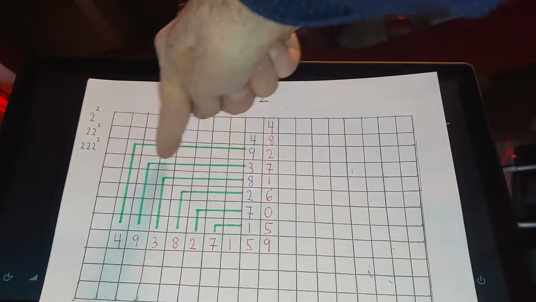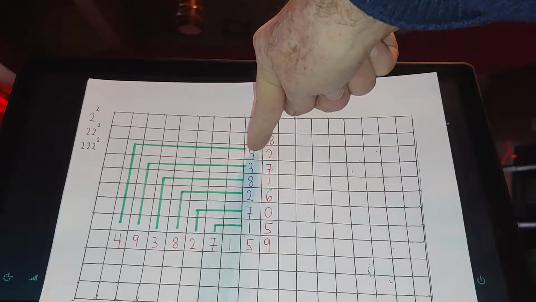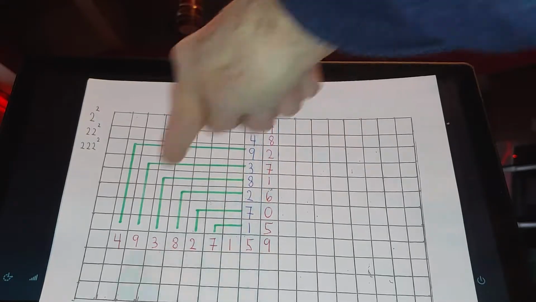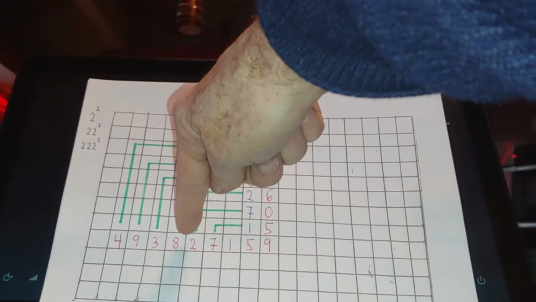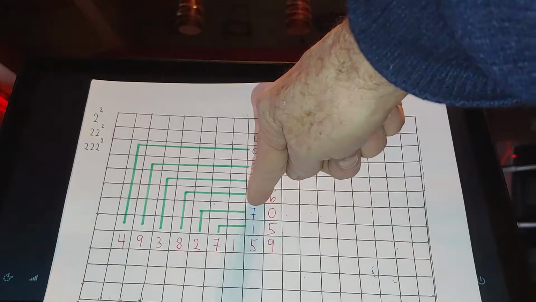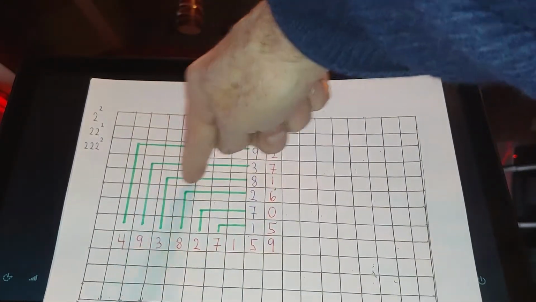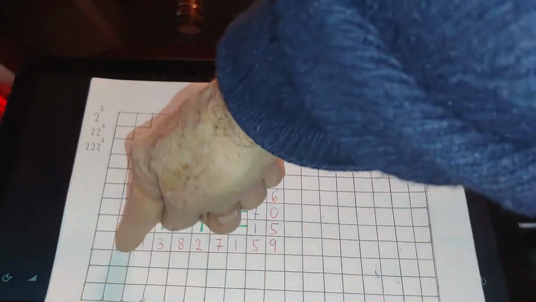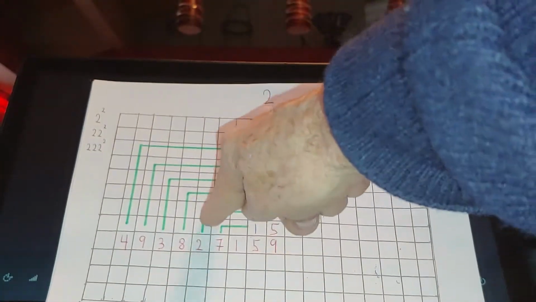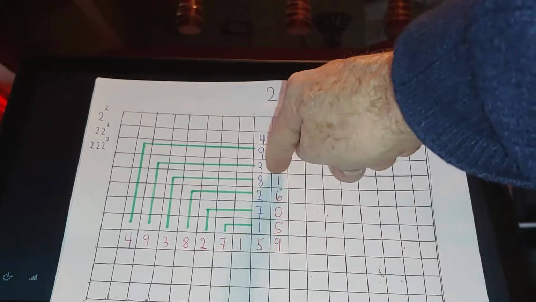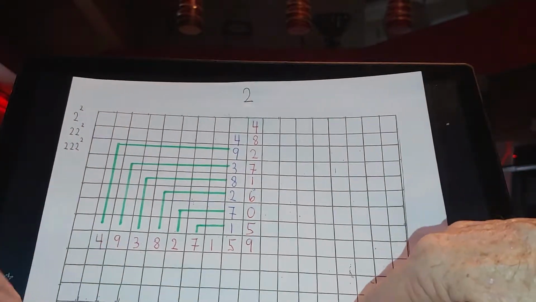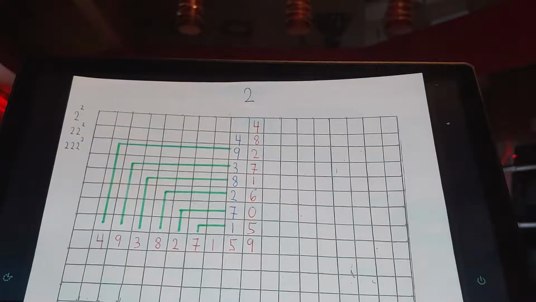Then it goes 4, 9, 3, 7, 2, 8, 4. Then 4, 9, 3, 8, 1, 7, 2, 8, 4. Then 4, 9, 3, 8, 2, 7, 0, 6, 1, 7, 2, 8, 4. Okay, I think you get the picture. Even if I do little screw-ups, it's very simple, and I've arranged it so you can't screw up. So that's all you need to know.